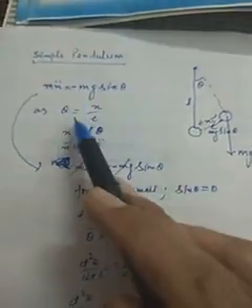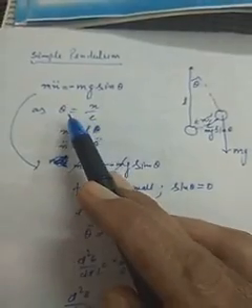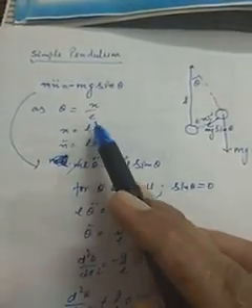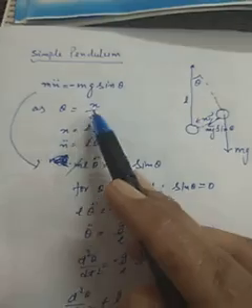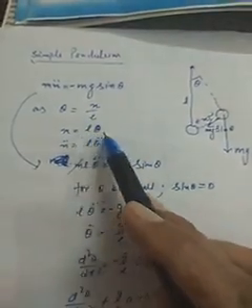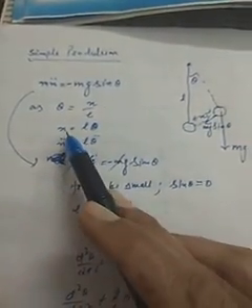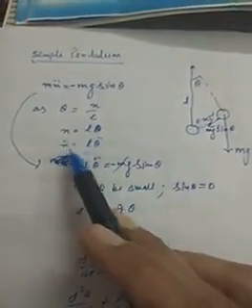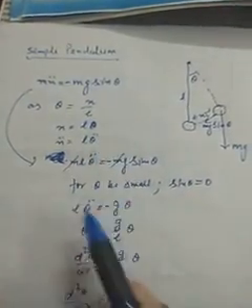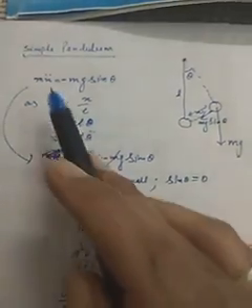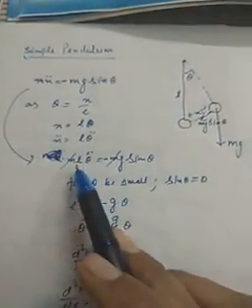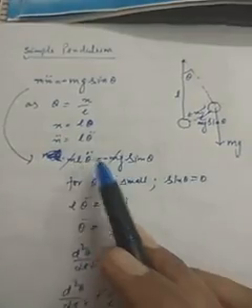As theta, your angle, equals arc upon radius, x upon l, from here we can write x equals l theta, or its double time derivative comes out to be l theta double dot. If you substitute for x double dot, it comes out to be m l theta double dot.